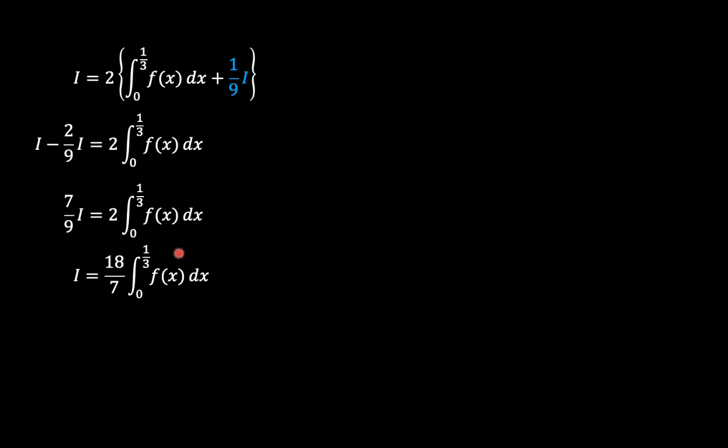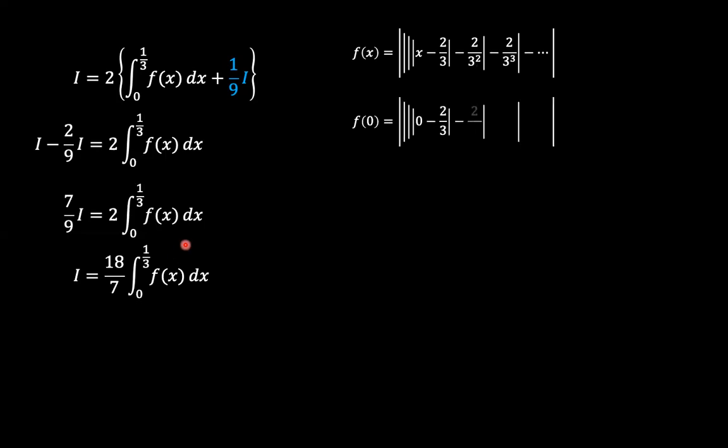Now, we said we knew what f(x) was. We said f(x) is monotonic within 0 to a third. When you plug in 0 here, 0 minus 2 over 3 in absolute value is 2 over 3, minus the rest. So this is 2 over 3 minus the geometric progression with 2 over 3 squared as the initial value over 1 minus a third, the common ratio, which is 2 over 3 minus a third, since this entire expression results in a third.